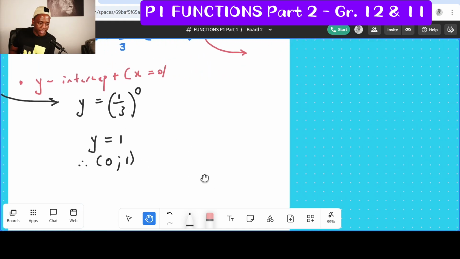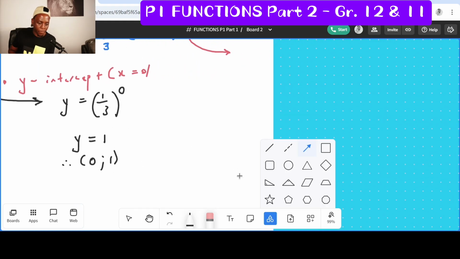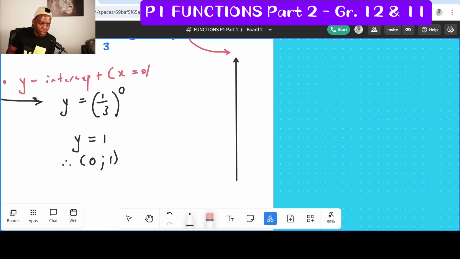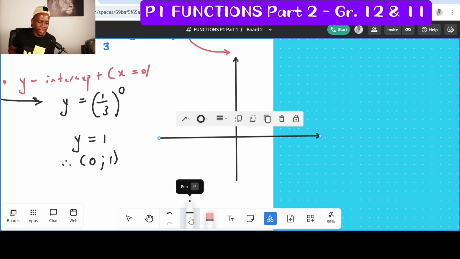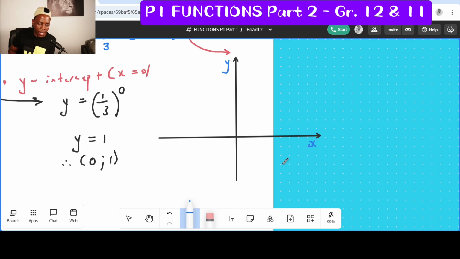No x-intercept, let's sketch. The y-axis, the x-axis, we label them as such, y and x, 0 here. So our graph is going to be cutting through 1, that's above 0 there.